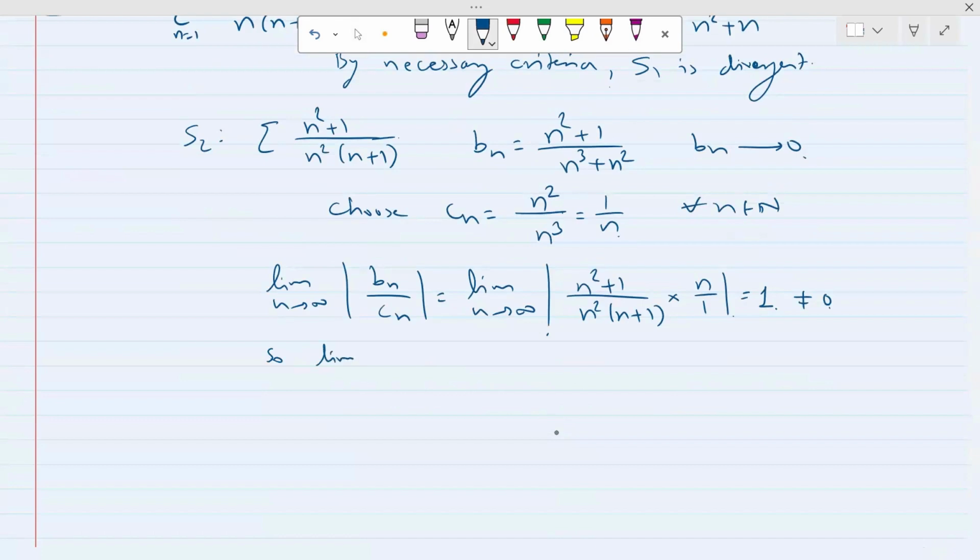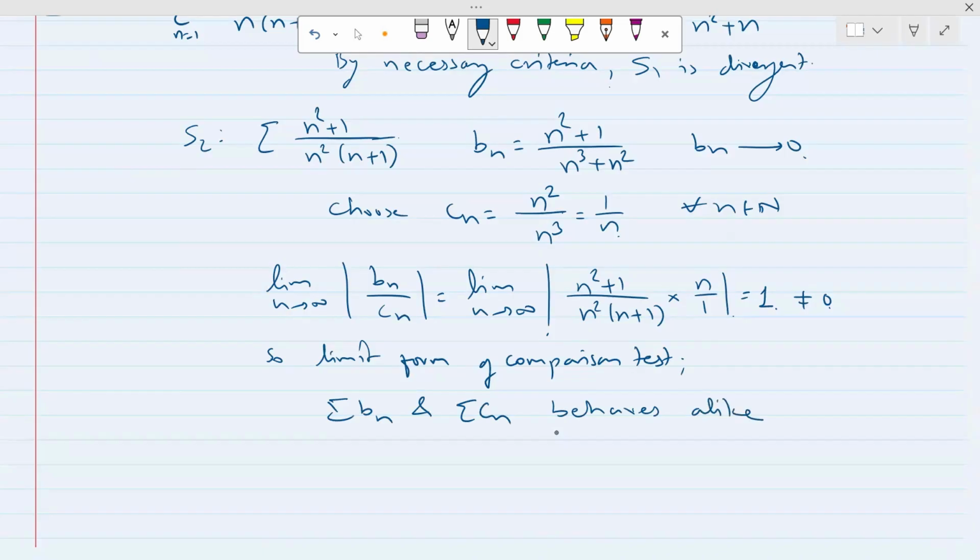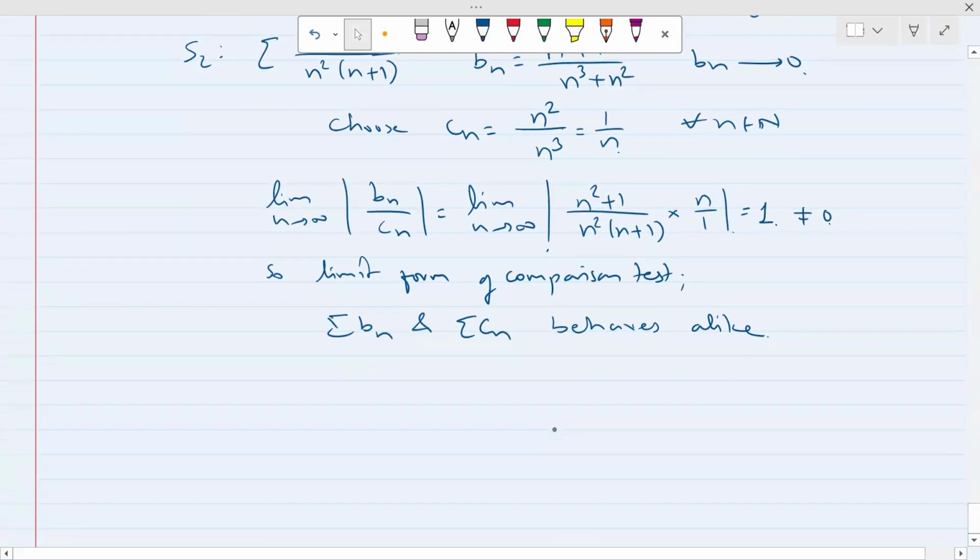So here what can we conclude? Which test have we applied here? The limit form of comparison test: summation bn and summation cn behave alike. Limit form of comparison test. I hope all of you remember. Yes.